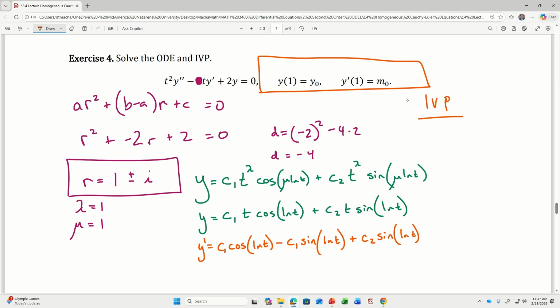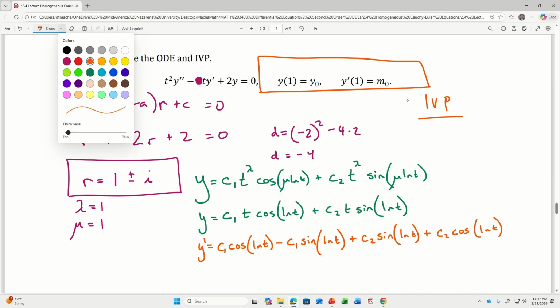And then the derivative product rule says I also have to take the derivative of the sine part. And that's going to be c2 times t times cosine of natural log t times the derivative of natural log. And this 1 over t and this t are going to cancel out so that I get c2 cosine of natural log t.